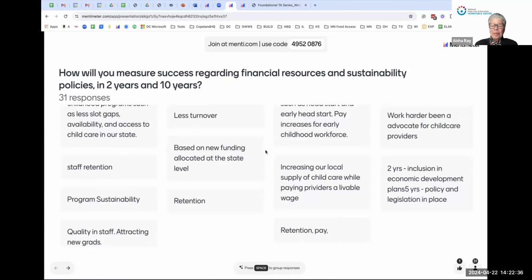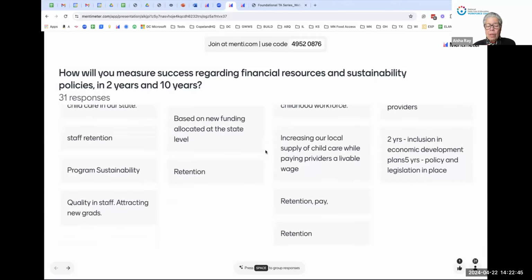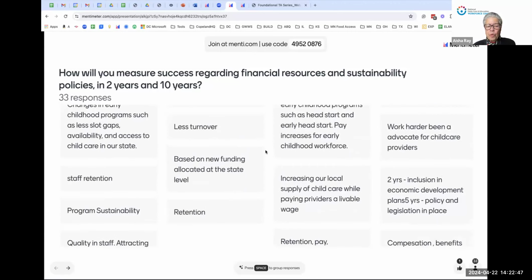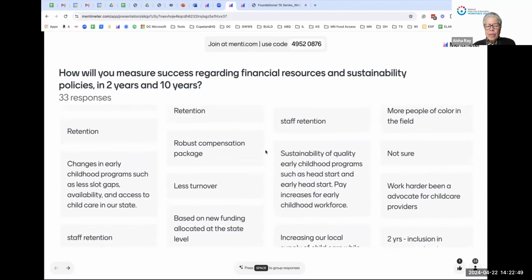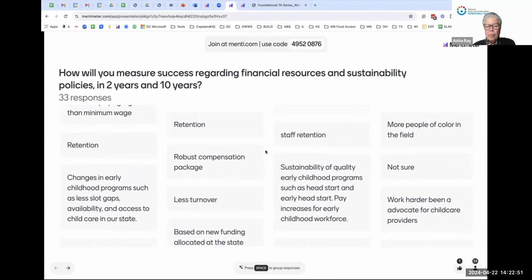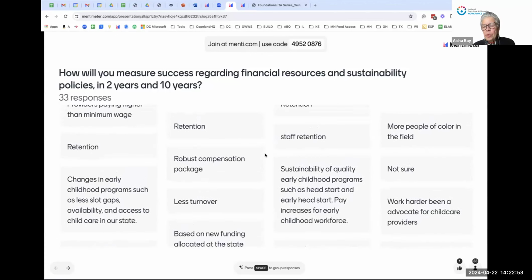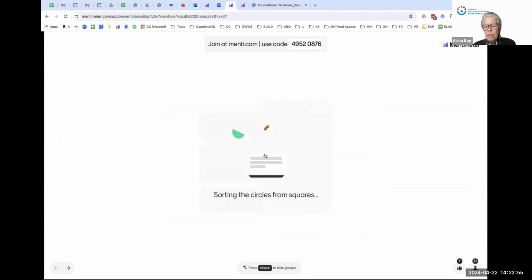Again, retention, program sustainability, quality in staff, attracting new grads. These are all important measures for us in terms of what we know is problematic currently within our workforce and what we hope to achieve over this time.